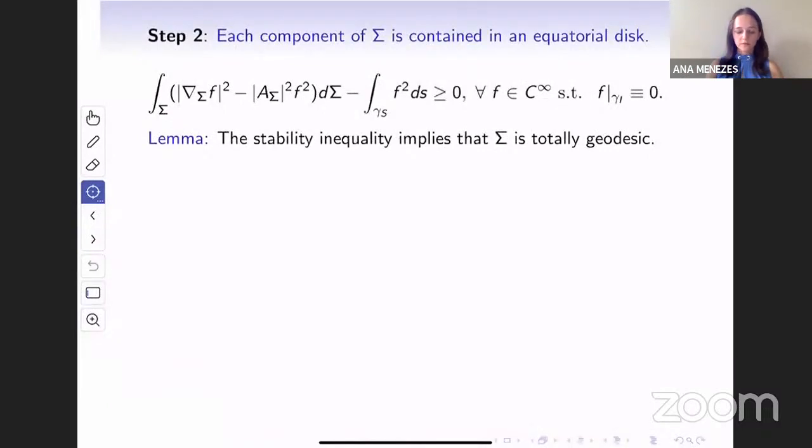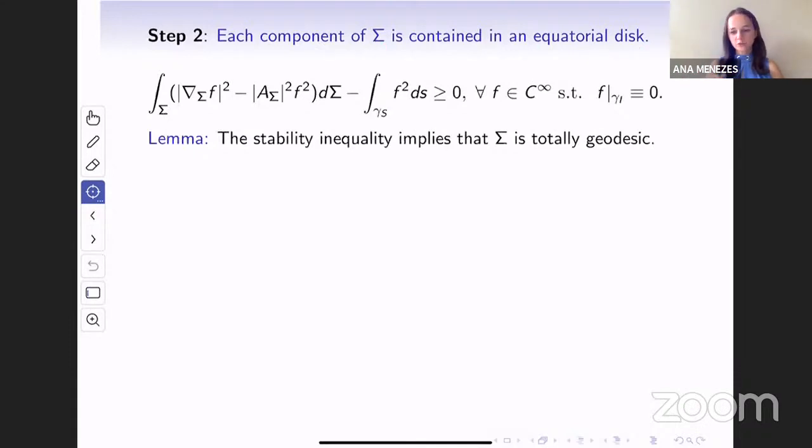For this, we just need to take F as the height function with respect to the equatorial disk D. And for the cases where sigma has isolated singularities in the fixed boundary, we work with a perturbation of the height function using cutoffs. So we are good, and each component is contained in an equatorial disk.